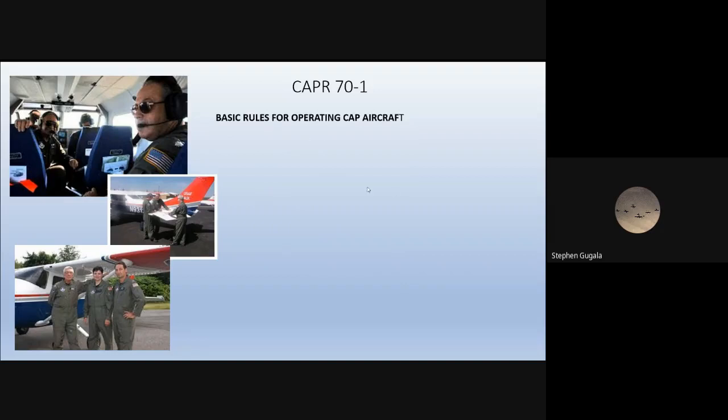So they are the basic rules for operating a CAP aircraft. They talk about operating limitations such as crew duty periods or authorized airfields where we can take our airplanes. Crew duty periods, I'm going to mention again because that's something you're going to end up needing to know about. Aircraft requirements for non-CAP aircraft. Here in Illinois, we don't use personal aircraft for our CAP missions.